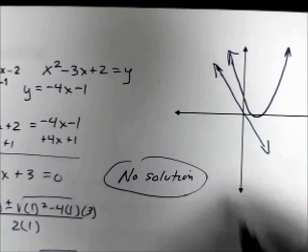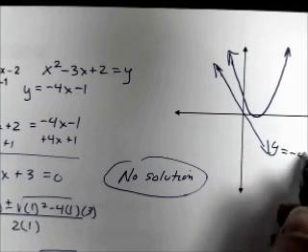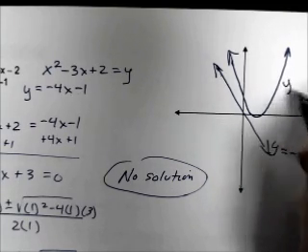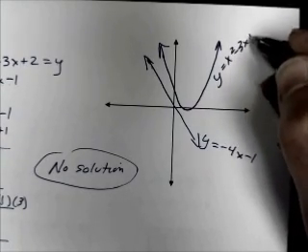And let's not forget to label with their equations: y equals negative 4x minus 1 and y equals x squared minus 3x plus 2.